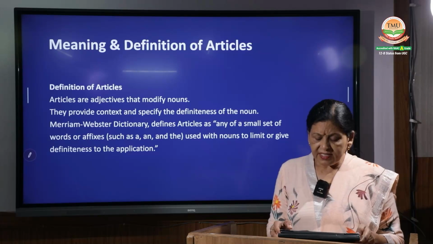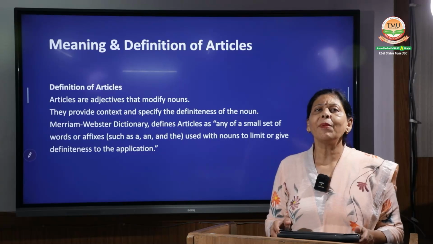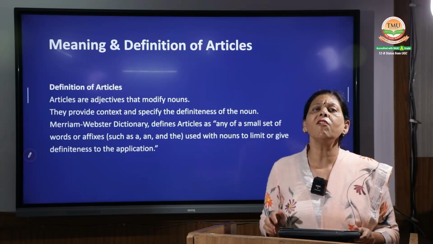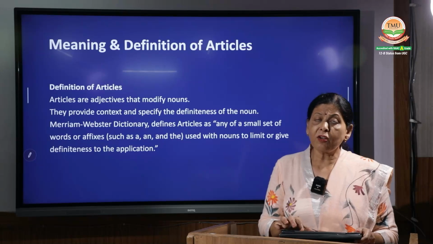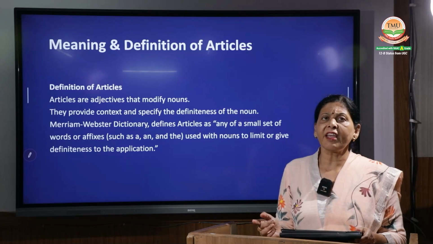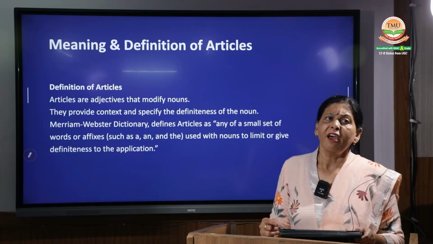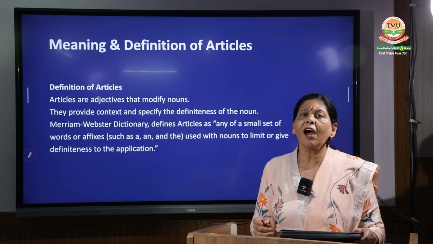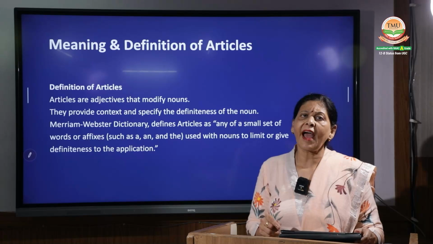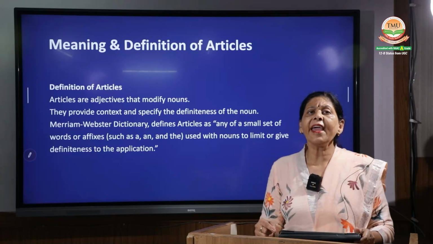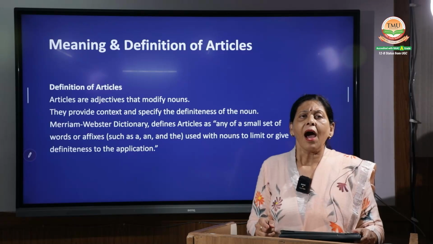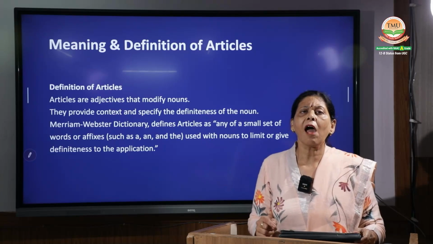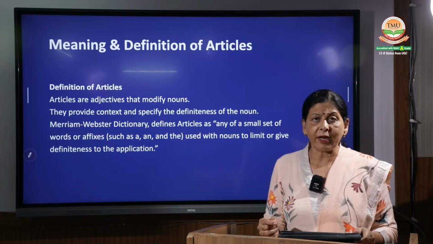Then there are some feelings, some abstract nouns also which cannot be counted, like honesty, love, freedom, tiredness. These all come under the category of uncountable nouns. So generally the is used with uncountable nouns.